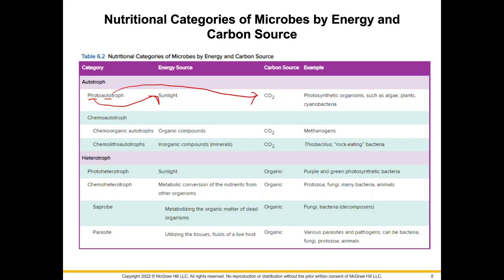So for example here, chemo-organic autotrophs, they use chemicals as their energy source. The energy source specifically is organic chemicals, hence the name chemo-organic. Auto means that we have carbon dioxide as a carbon source.